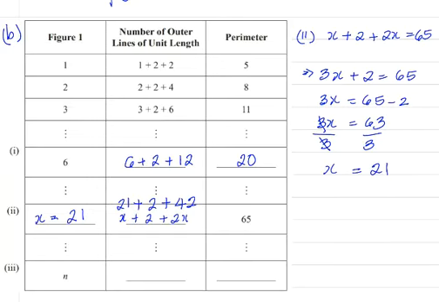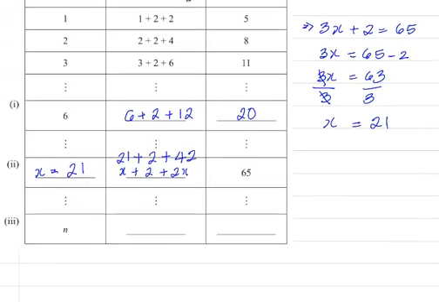And the final line we're going to have the first digit here always the figure number, which is n, plus the second digit is always 2, and the last one is 2 times n. So now n plus 2n is 3n. So over here we have 3n plus 2.